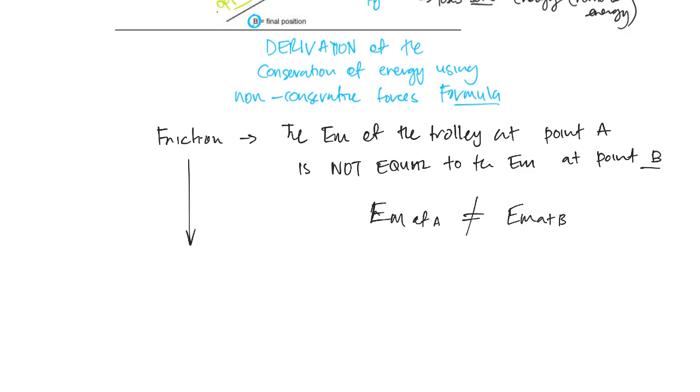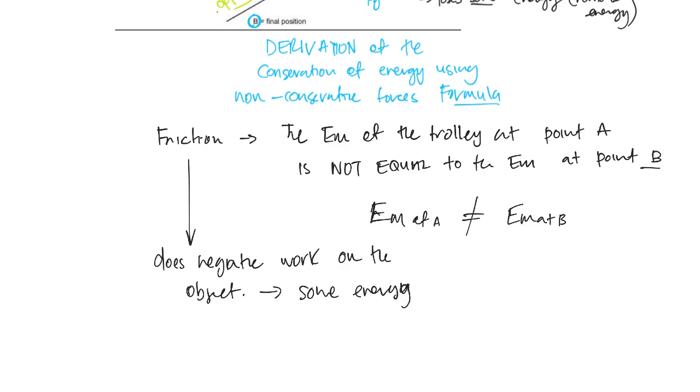So if I'm looking at friction and I know that I've got a non-conservative force, I know that the friction does negative work on the object. All right, it does negative work on the object, and that means that some energy is dissipated to the surroundings.